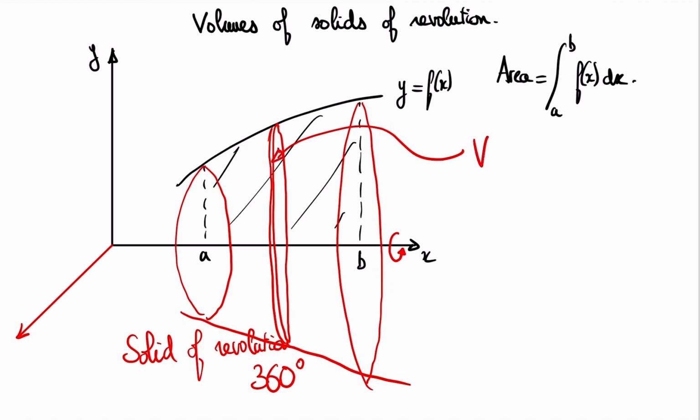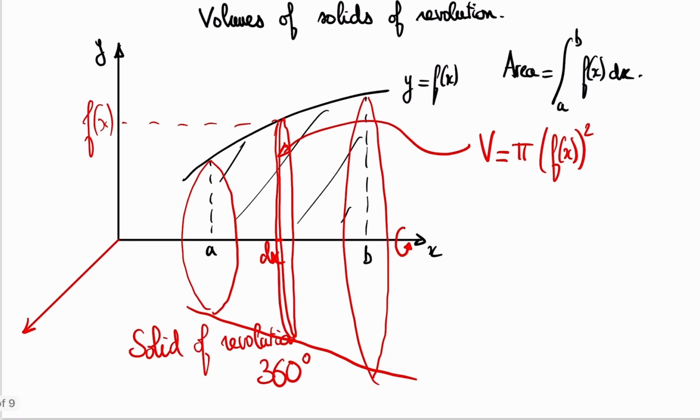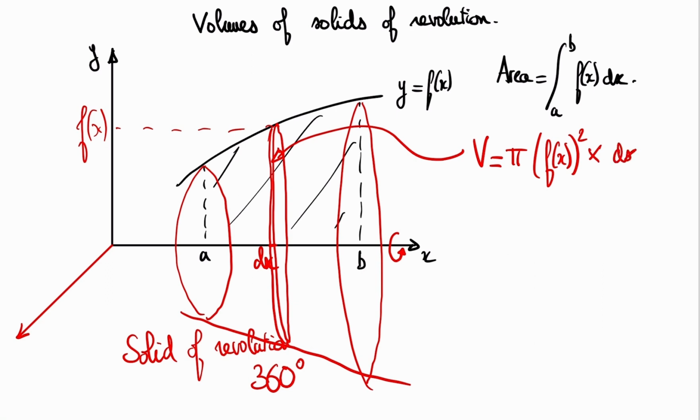It's the volume of a disk, which is pi times the thickness of the coin, called dx, little x. So it's pi times f of x squared, because the area of a disk is pi r squared, and then to give it a volume, we multiply by dx.